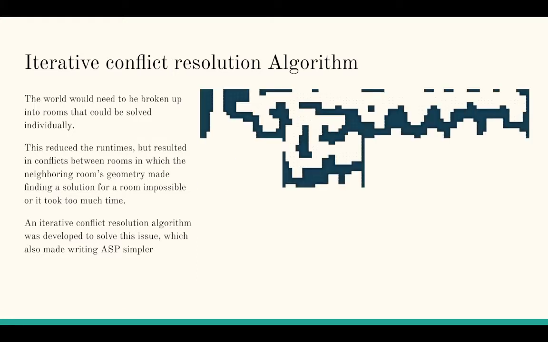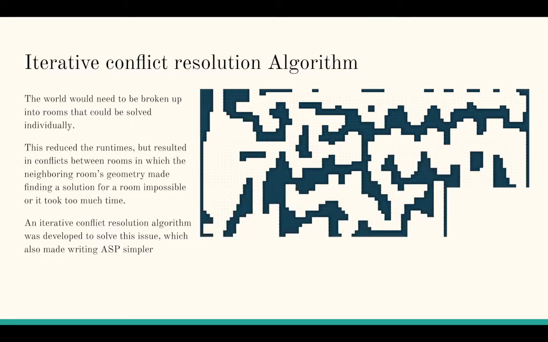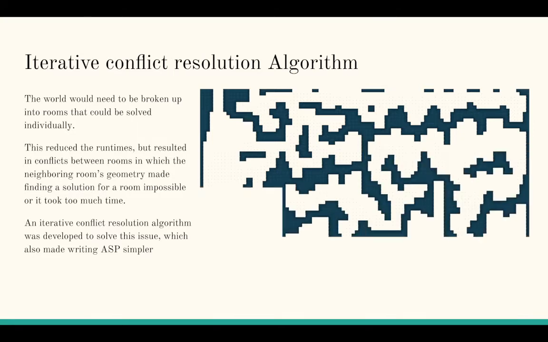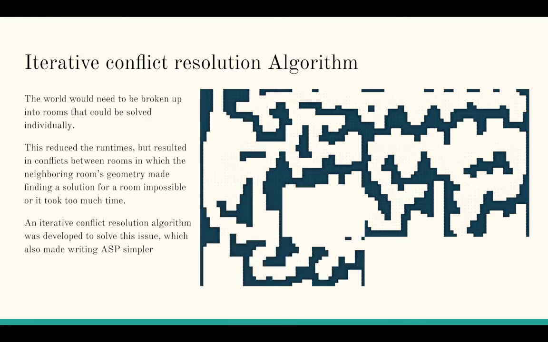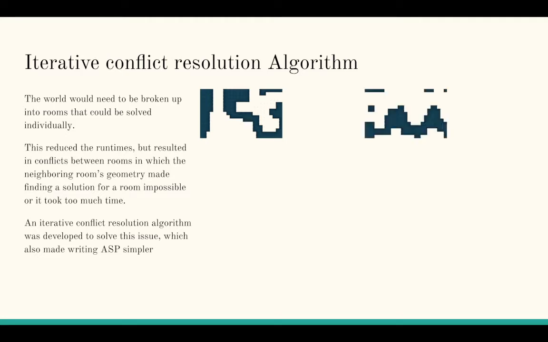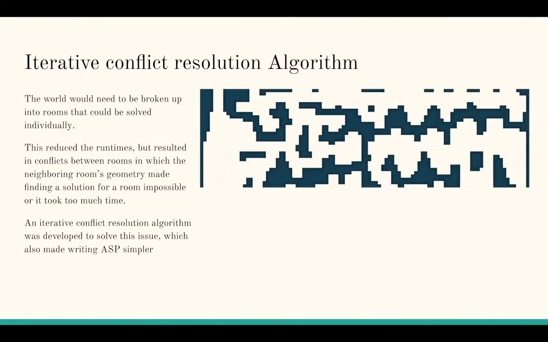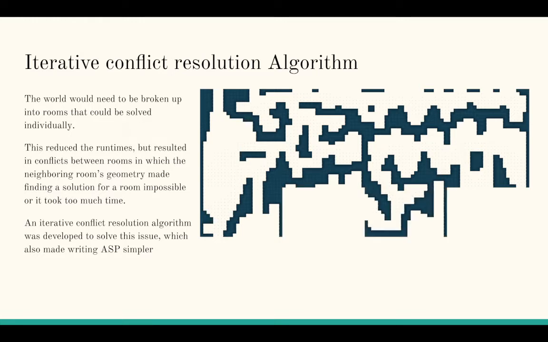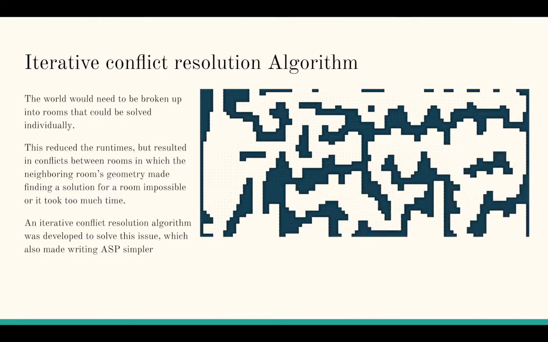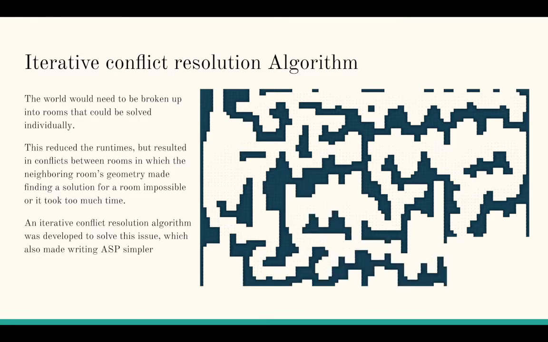The reason it disappears is because the next room next to it ran into a conflict where it couldn't build because of the geometry of the surrounding rooms. So what the code does is it finds a neighbor that's affecting it, so it has openings to it, and it will randomly delete it if it runs into an unsolvable situation where it can't come up with a solution. It also might do it if it runs out of time.